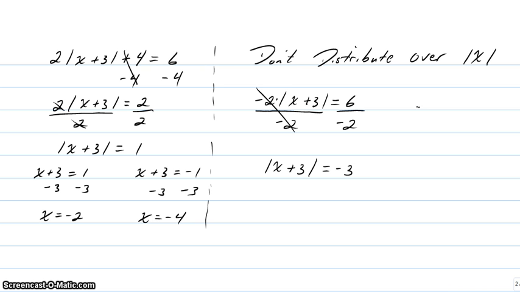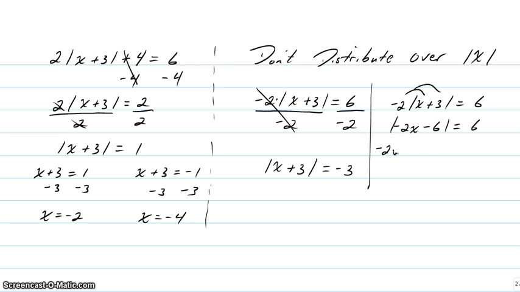However, if I were to distribute, if I treat that absolute value as a set of parentheses, and I distribute that through, that gives me negative 2x minus 6 to equal 6, and now I'm led to believe that there is an answer here.